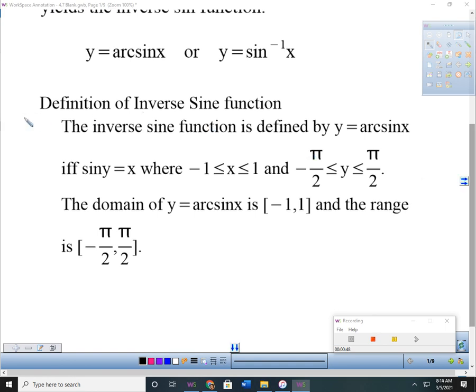The definition of an inverse sine function is defined by y equals arc sine x if and only if sine of y is equal to x, where x is between -1 and +1, and y is in between -pi/2 and +pi/2. So the domain of y equals arc sine x is [-1, 1], and the range is [-pi/2, +pi/2], which is exactly stating this, but in interval notation.